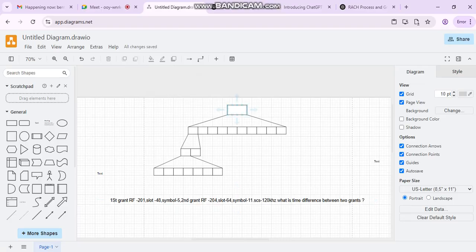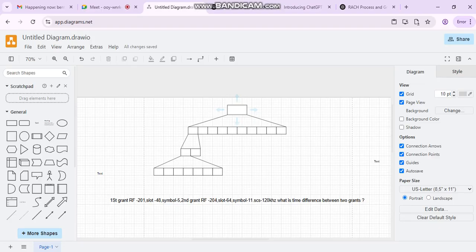Here I have drawn a small diagram where this block is a radio frame, and this is a depiction of only one radio frame.